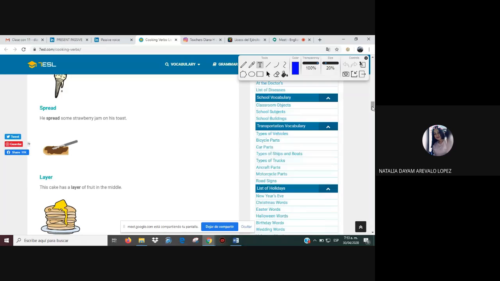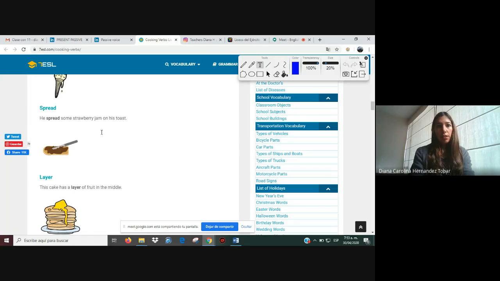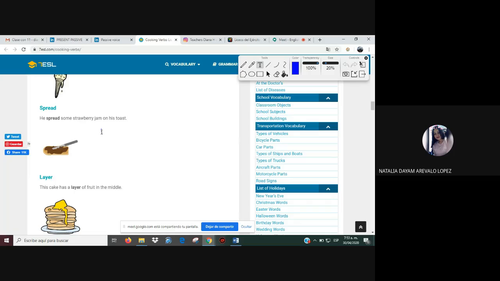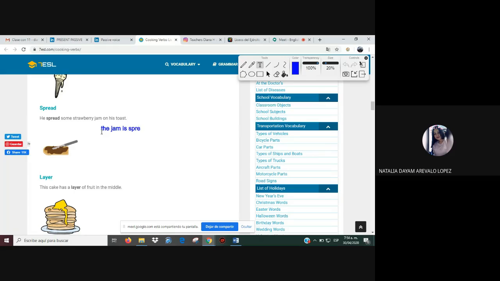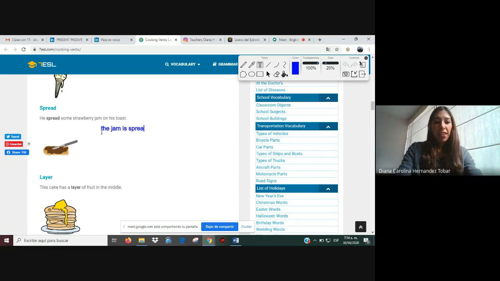Okay, so I think that is a strawberry jam. Is a spread? Yes, it's a spread. Is by him. Okay, yeah. Excellent. Okay.